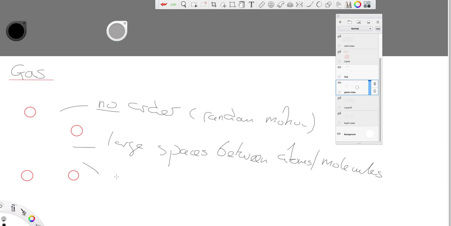Because they're so far apart, we have no forces. Now, in the real world, that's not quite true, but we don't deal with the real world until we're well into university. In terms of gases, we will always talk about gases being ideal, and one of the things about gases being ideal is there are no forces between the atoms or molecules in your gas.